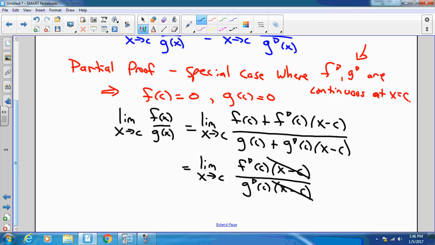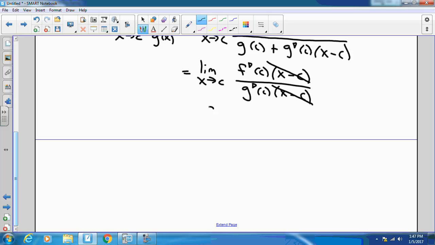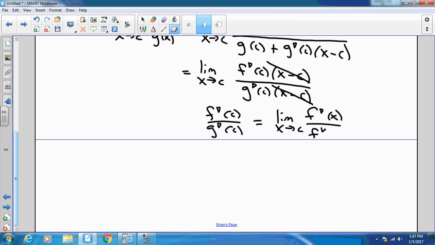There's my common factor, of x minus c. It was hidden in the tangent lines. So what I get is f prime of c over g prime of c. But since f and g are both continuous, that's exactly the same as the limit as x goes to c of f prime of x over g prime of x.